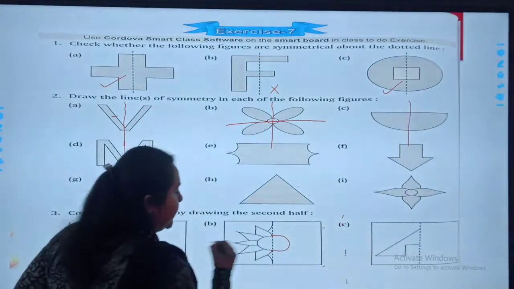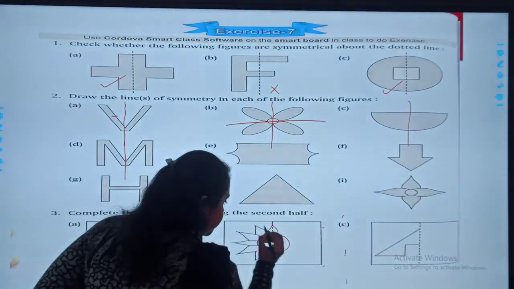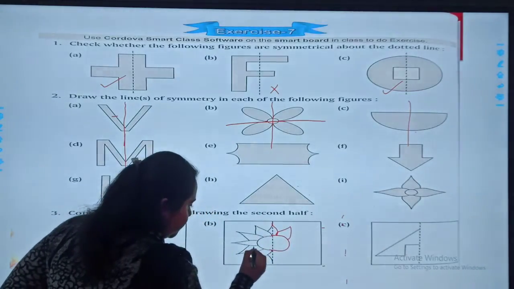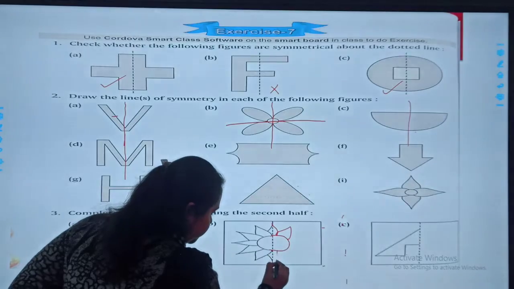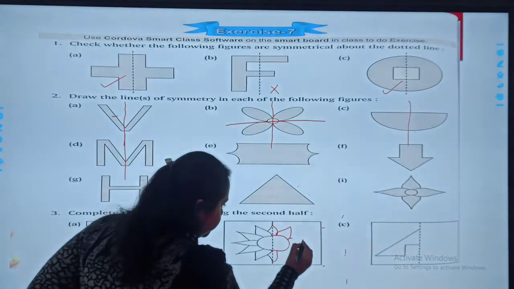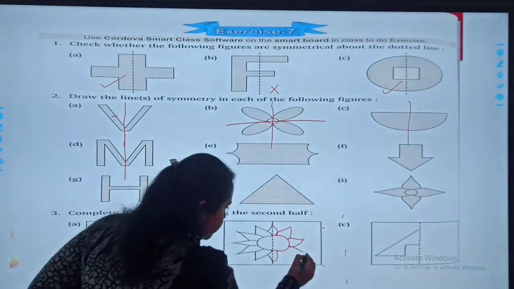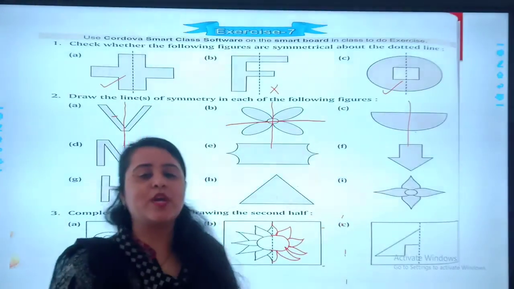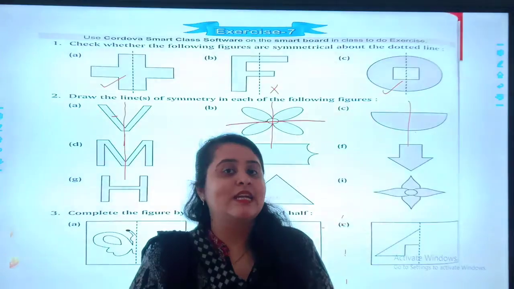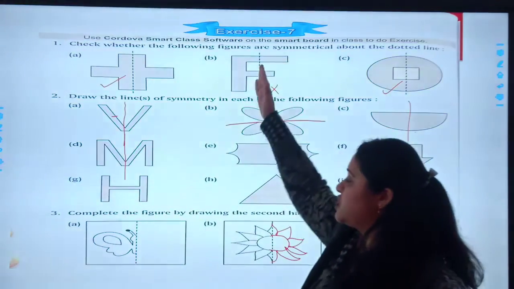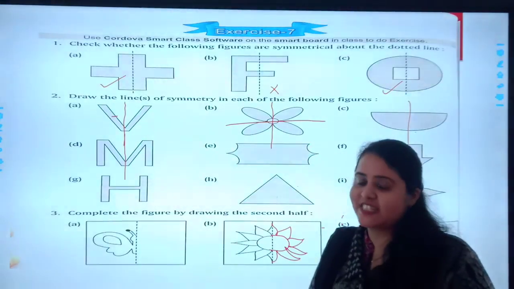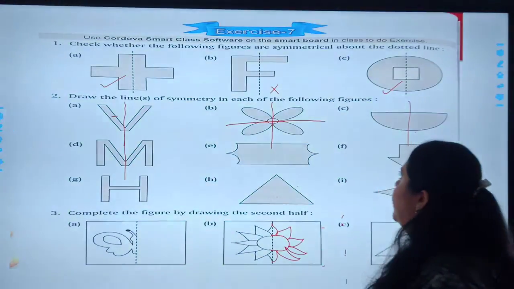I have to complete this. 1, 2, 3, 4, 5, 6 and half. Okay students, in this way you will be doing this. So students, question number 1, 2 and 3 we have solved. In short, we have discussed our exercise 7.